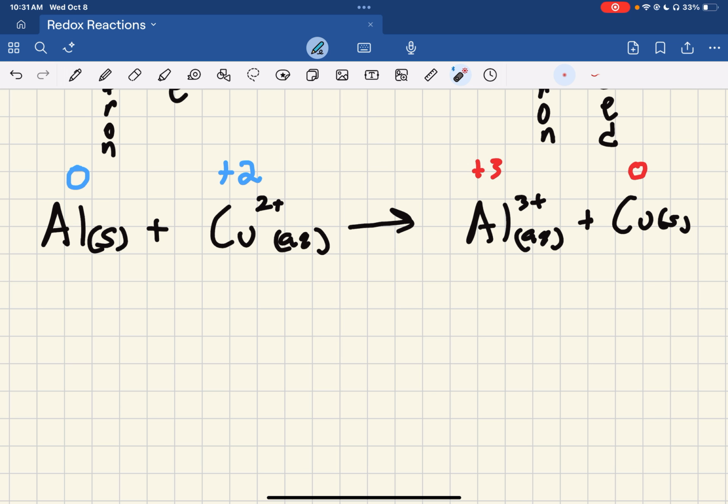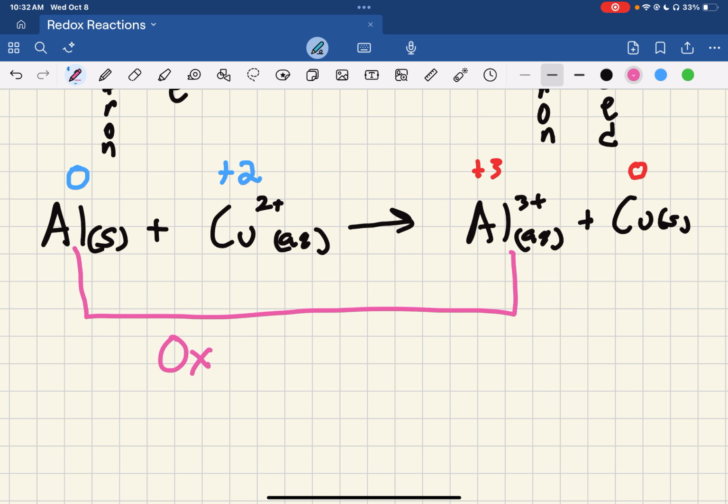So this one right here, from aluminum to aluminum 3 plus, this is the oxidation reaction. This is what's being oxidized.